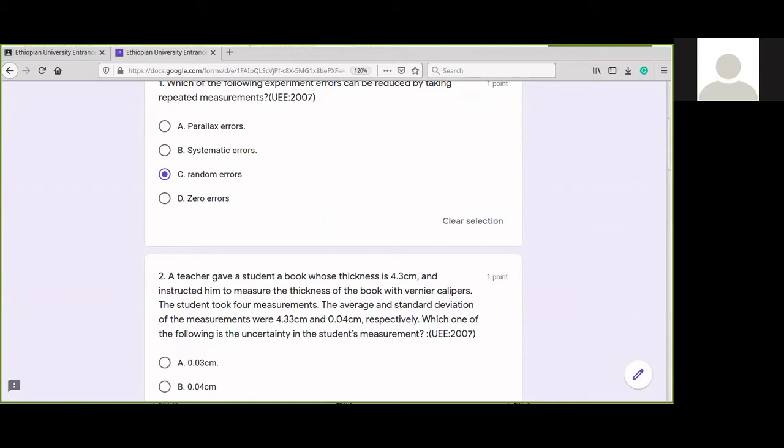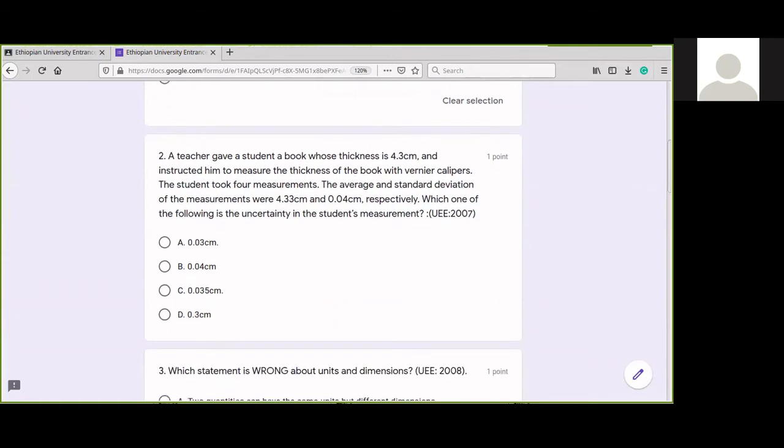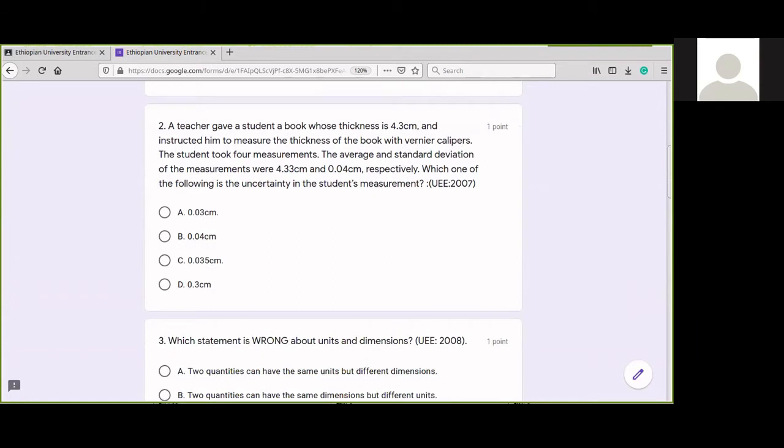Which one of the following is the uncertainty in a student's measurement? A, 0.03 centimeter, B, 0.04 centimeter, C, 0.035 centimeter, D, 0.3 centimeter.